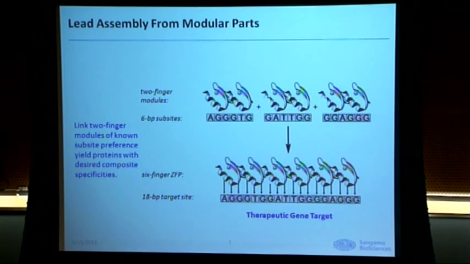In principle, we just have a large archive of these 2-finger modules, and we can string them together to create long DNA binding domains that recognize extended DNA footprints within the genome. In the example I'm showing you here, this is an 18 base pair binding protein. And if I avoid repetitive DNA sequences in the genome, that's sufficient to specify a unique site.